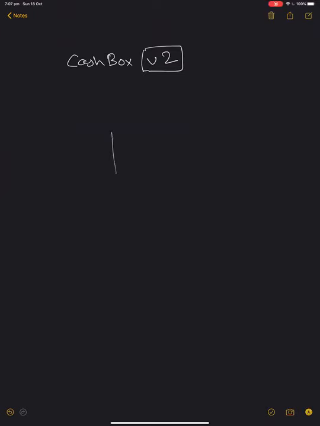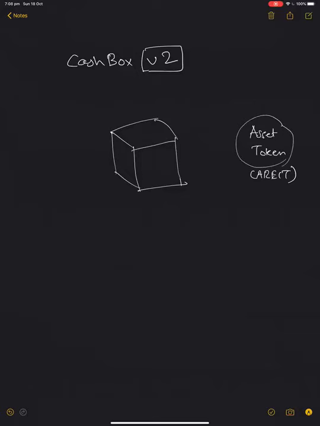So the current CashBox is essentially a perpetual counterparty for any asset which you like. So you can say that, okay, I want to buy a specific asset token, which can be, let's say, the Australian REIT or some tokenized property, etc. You say that, okay, I will always be prepared to buy this asset token at a certain price.